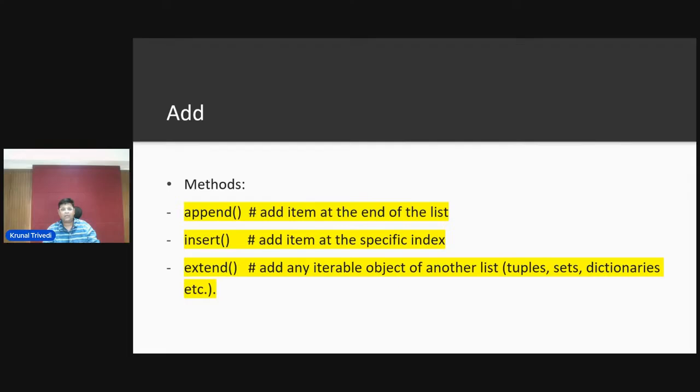And with the help of the extend method, we can populate the list with elements from another list, tuple, set, or dictionary. So we can add multiple elements from another list, tuple, or set to my original list. These are the add operation specific methods.